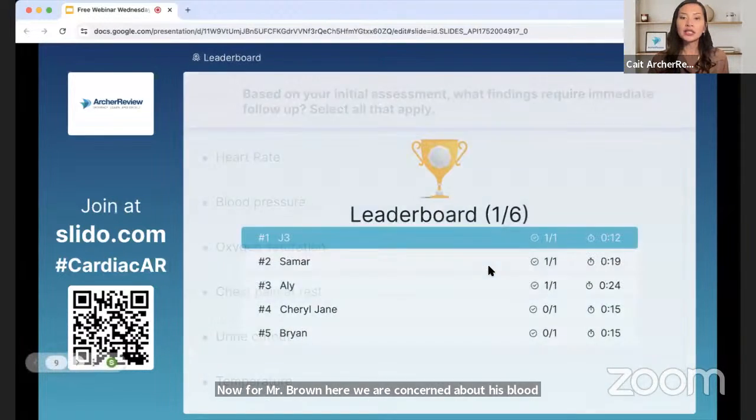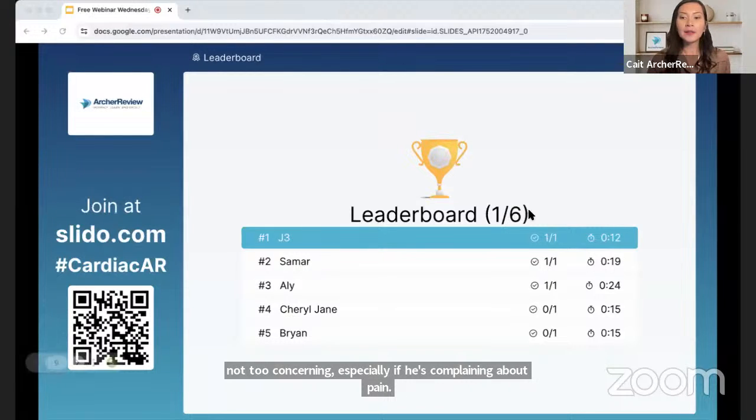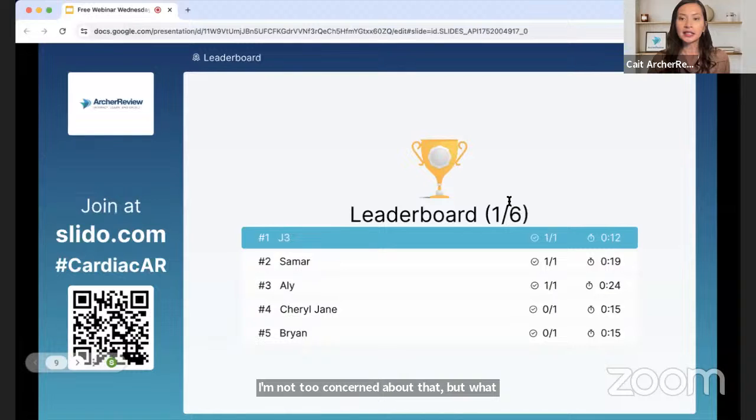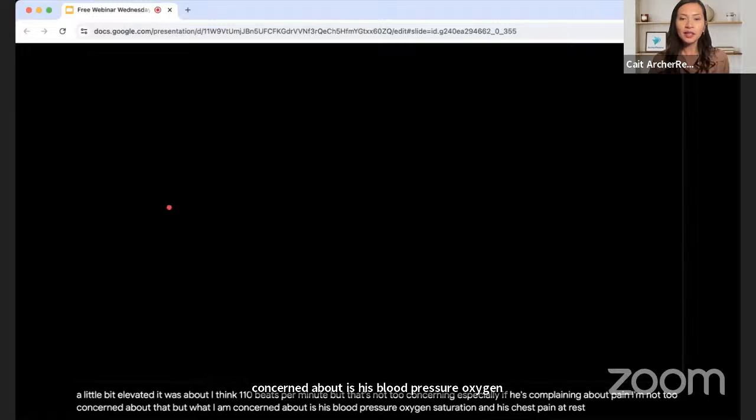His heart rate was a little bit elevated, about, I think, 110 beats per minute. But that's not too concerning, especially if he's complaining about pain. What I am concerned about is his blood pressure, oxygen saturation, and his chest pain at rest.